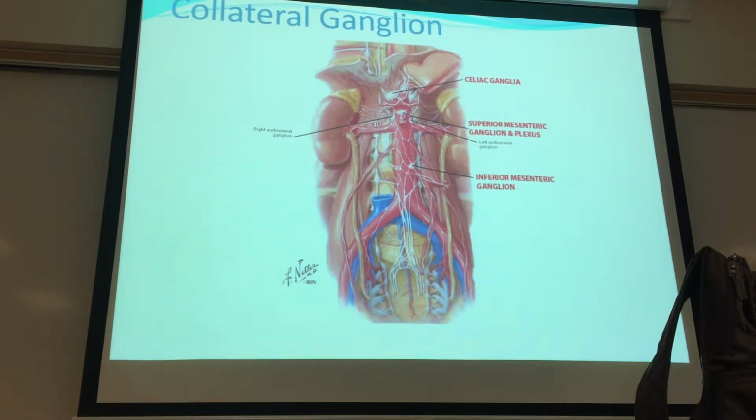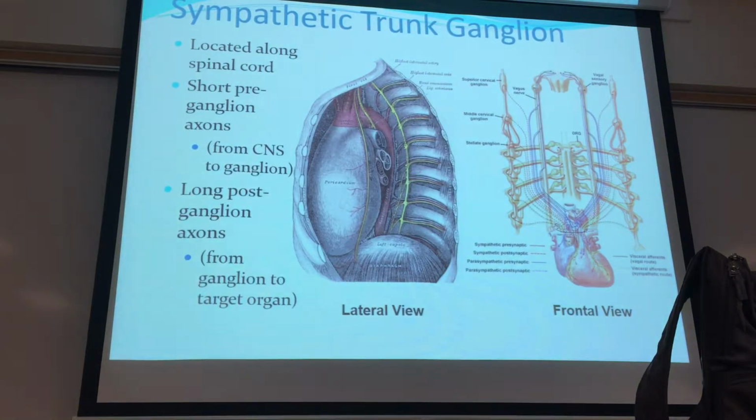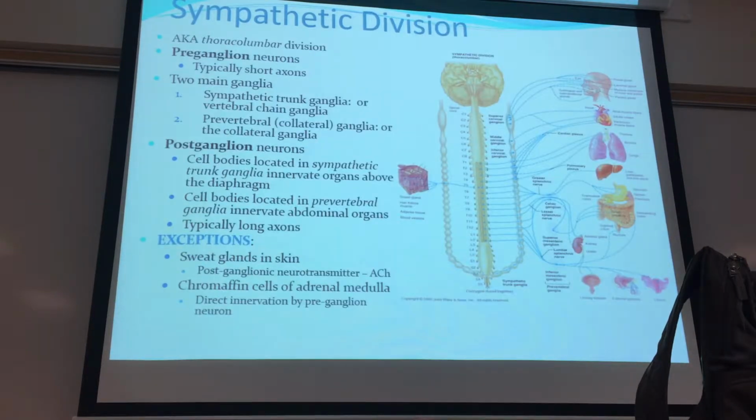Here you can see our celiac, our superior mesenteric, and our inferior mesenteric. Again, close to the spinal cord, but they're going to be outside because the diaphragm is going to help separate everything from the spinal cord out. These are where the collateral ganglia are located. Okay, so now anatomically you can see the main difference between these.